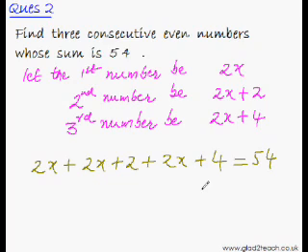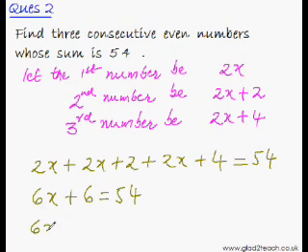So now tell me the answer. 2x plus 2x plus another 2x will be 6x. And 2 plus 4 is 6, equal to 54. So this means 6x will be equal to 54 minus 6, isn't it?